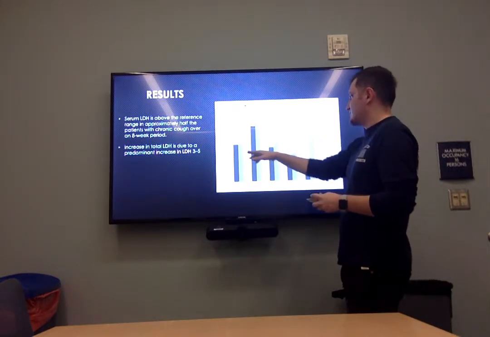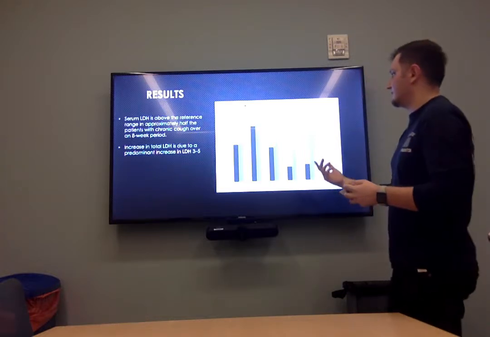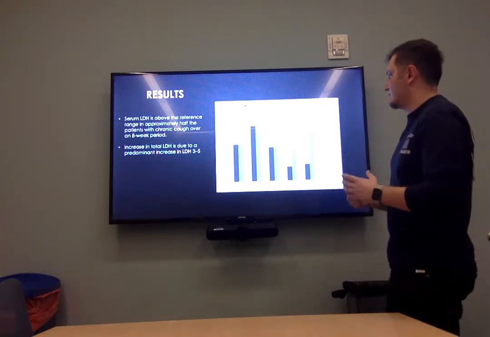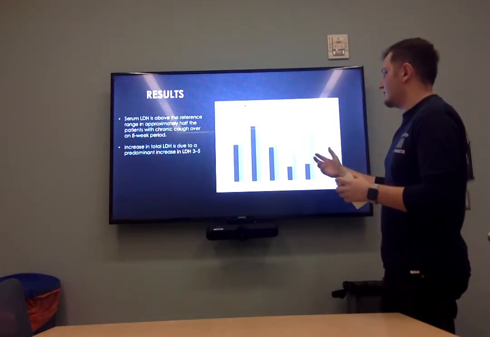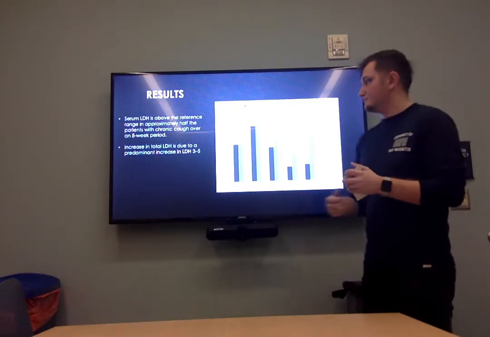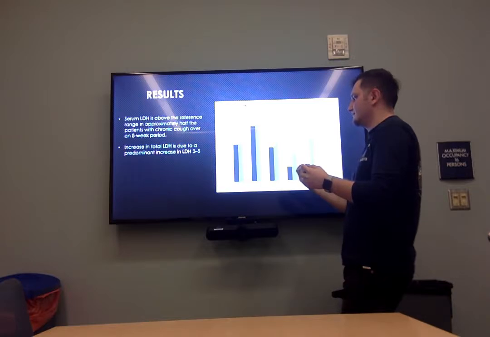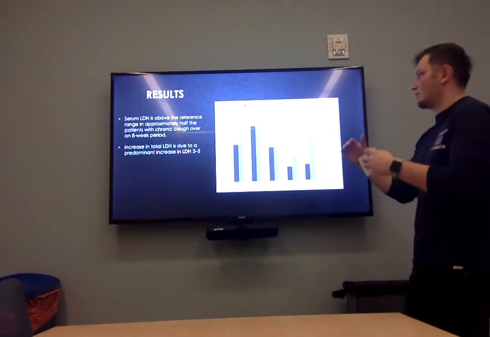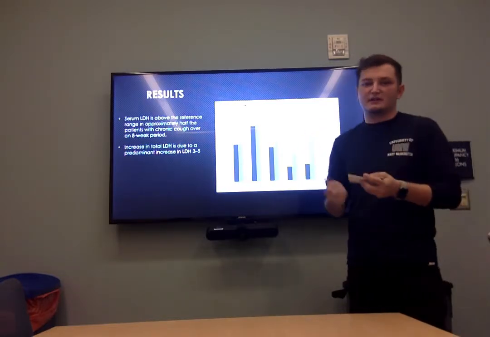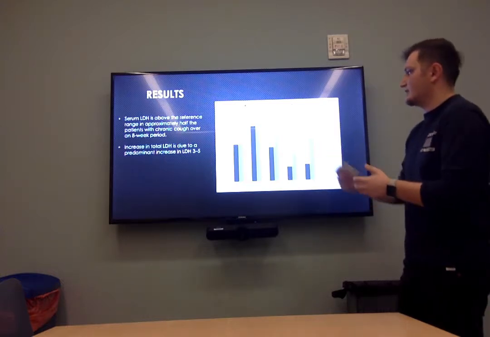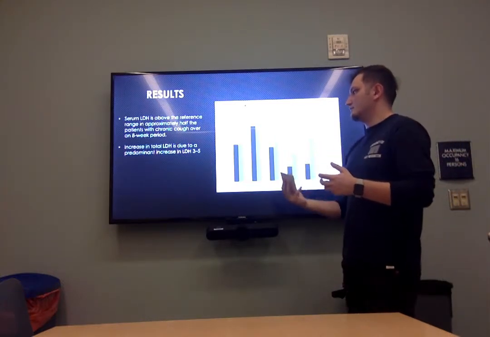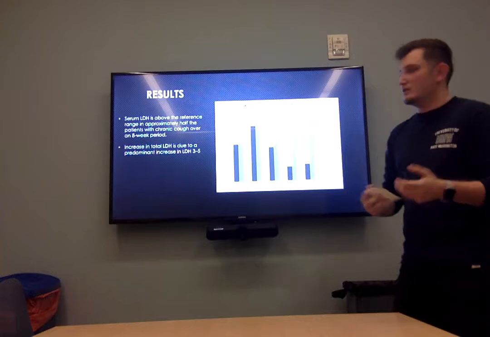Here in the bar graph, you'll see the dark bars indicating the laboratory reference, which is what they were expecting from the patient as far as the LDH in units per liter in the serum.